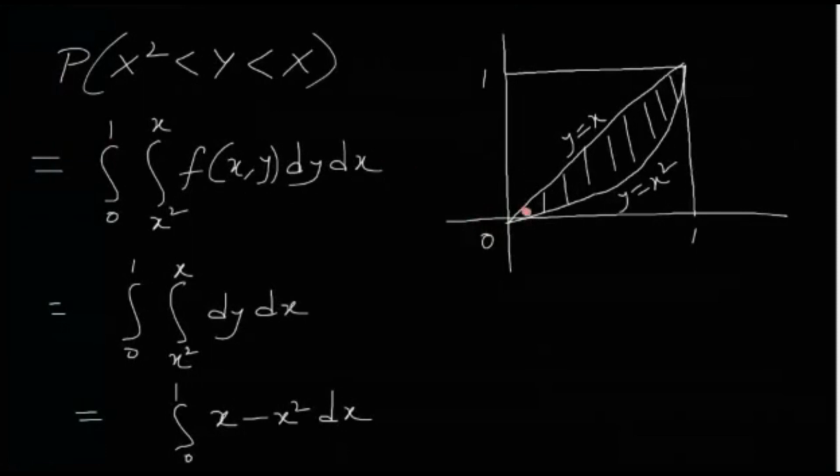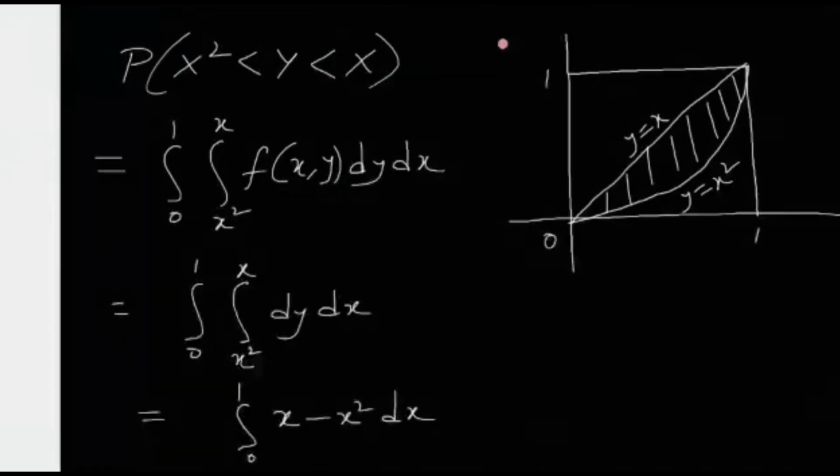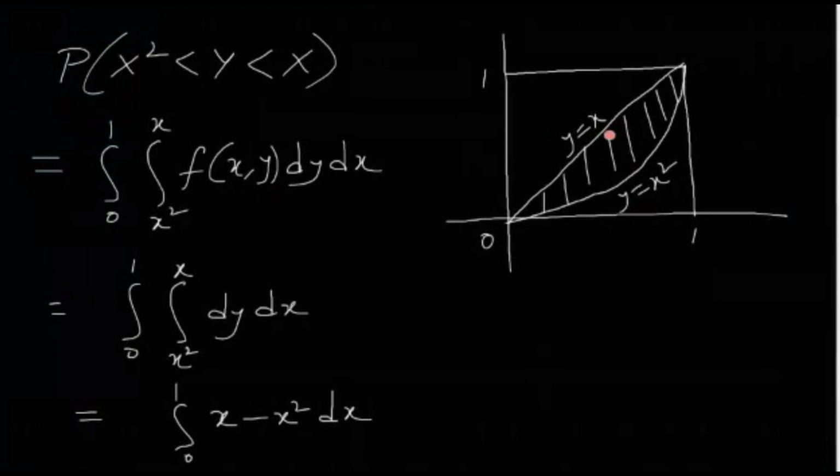If we draw this, y equals x is this line, and y equals x squared is this curve. Every point that lies in between these two curves, the region enclosed by y equals x and y equals x squared, satisfies this property, right? Every coordinate that lies between these two curves and obviously inside the square, otherwise the PDF is 0.